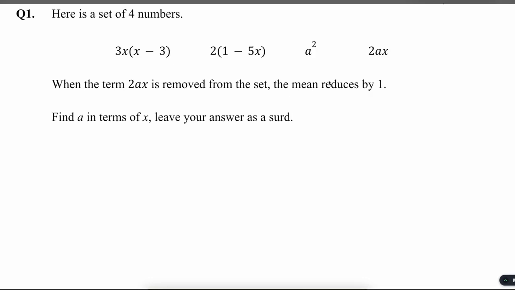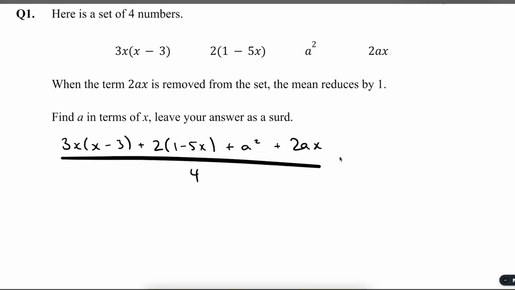So that tells us that the mean of this, which is 3x, x minus 3, plus 2, 1 minus 5x, plus a squared, plus 2ax, over 4, equals, so that reduces by 1 when you remove the 2ax term.